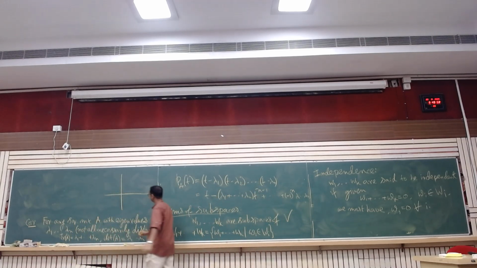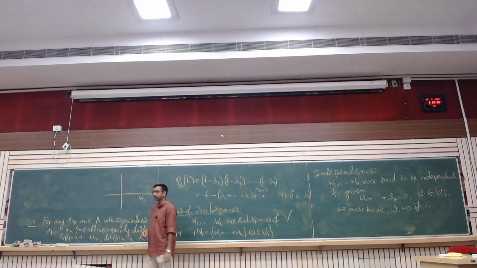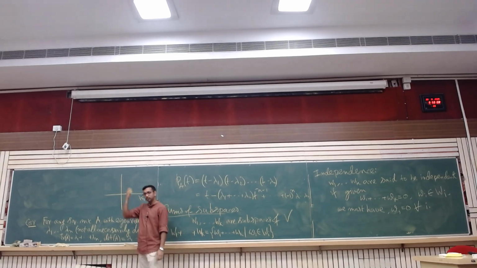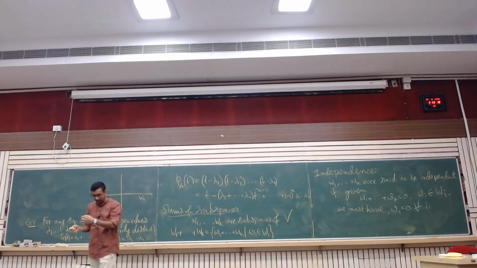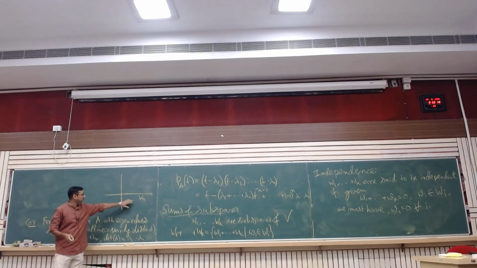Okay. So suppose this x-axis is your W1 in R2. Okay. Now the first question is, the set of subspaces which are independent of W1, how many elements are there?